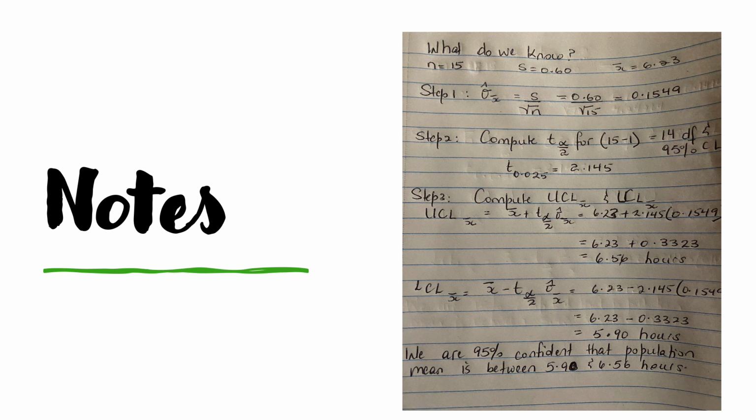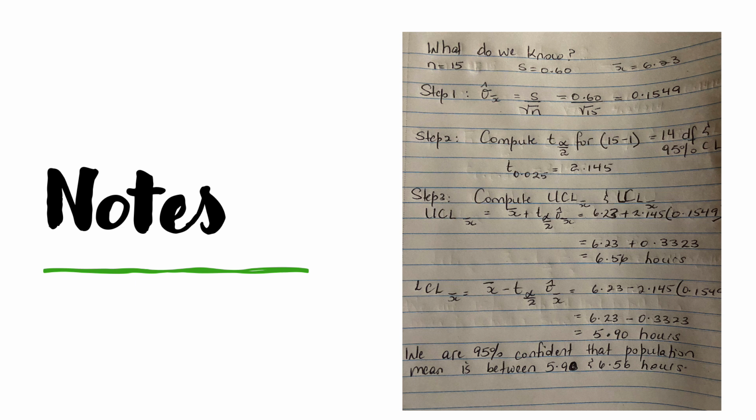You need all that information to go and pull the data from the table. The next slide will show you how to do that. So we need the t critical for 0.025 because we have a 95% confidence interval. There's a 5% significance level, 0.025 on either side of the curve. That amounts to 2.145.